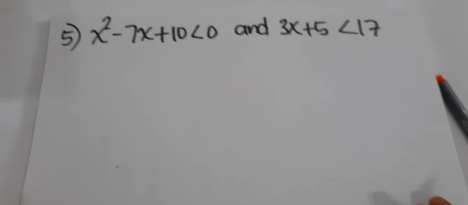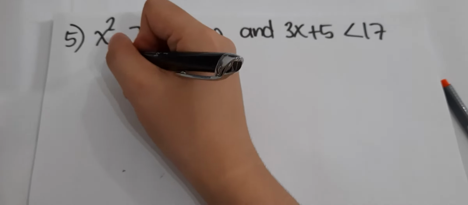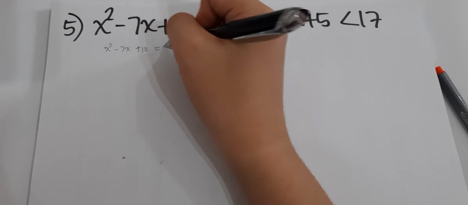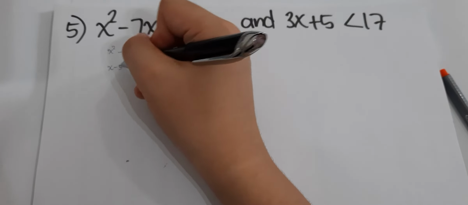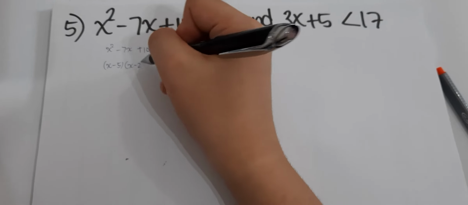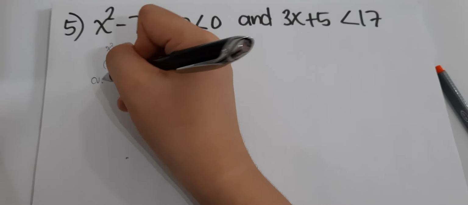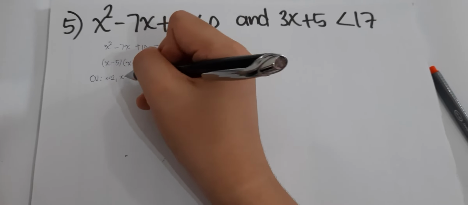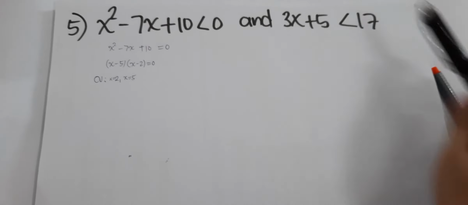Okay, let's have the last example. So you have a quadratic. Solve it as an equation. x minus 5, x minus 2. So my critical values are x equals 2 and x equals 5.